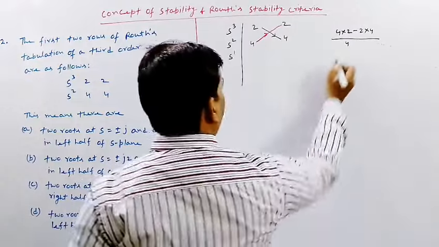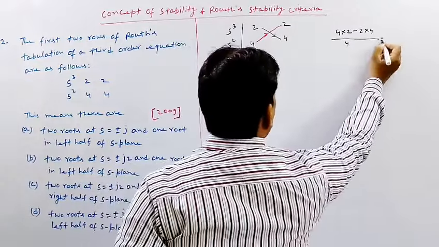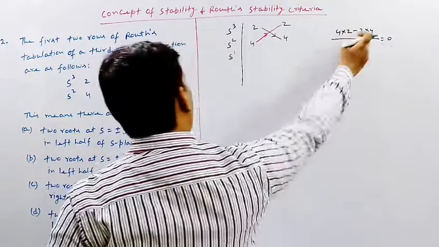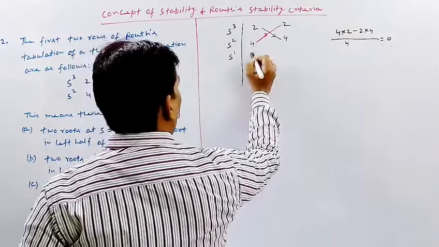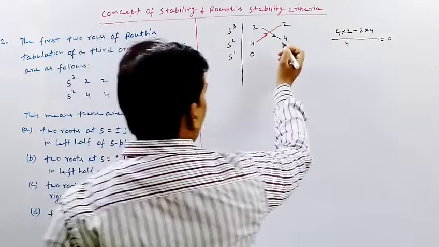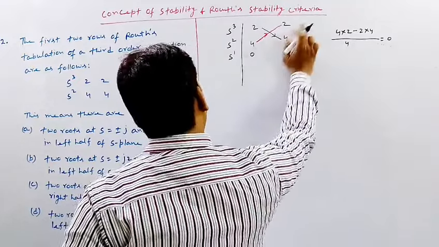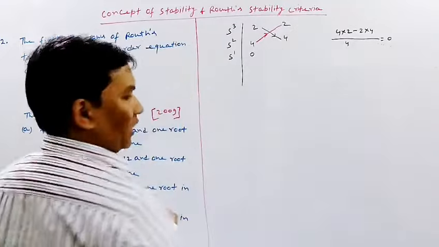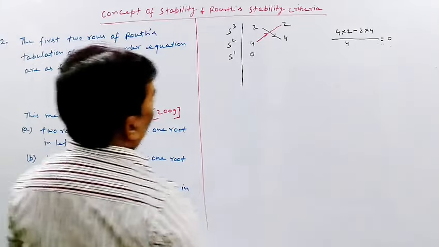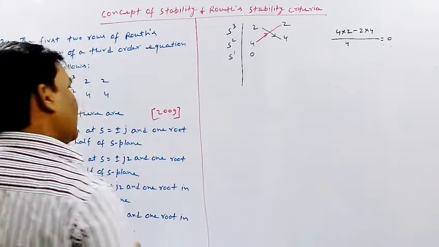So how much will it be? It will be 0, because 8 minus 8 is 0. The next term will be nothing, because there is no term here. So S1 has only one term, and that is 0.